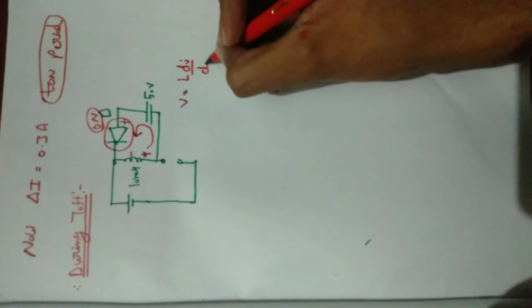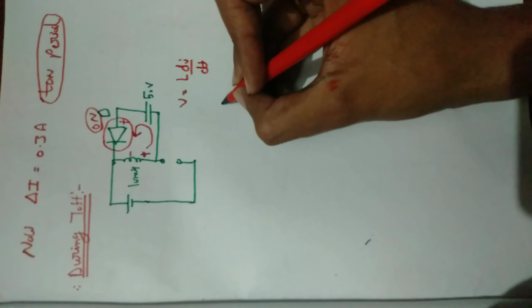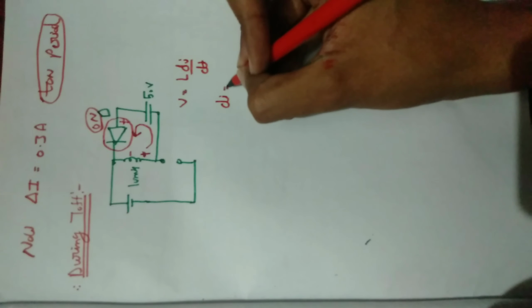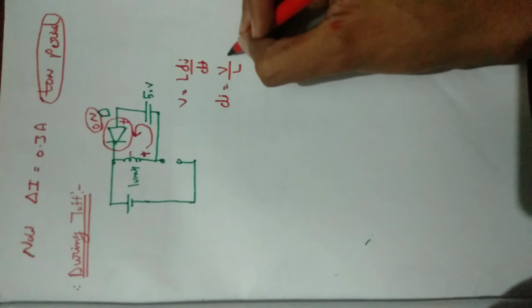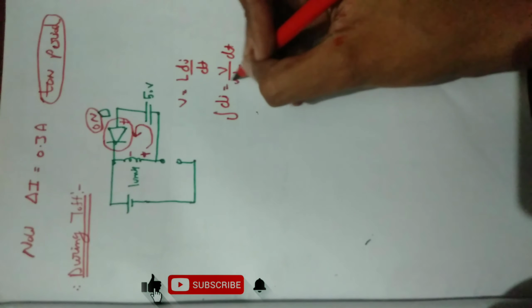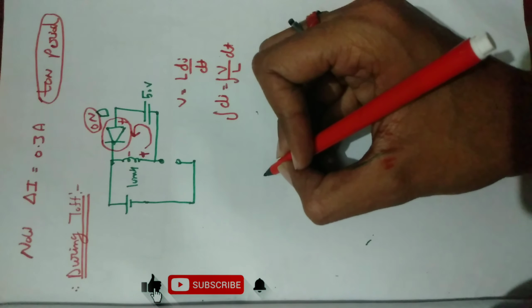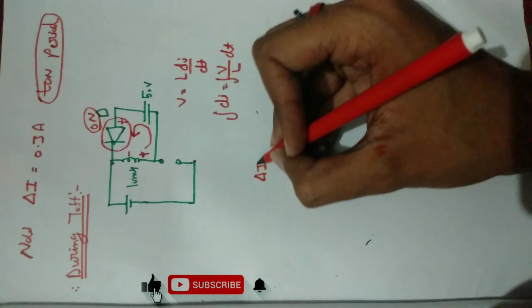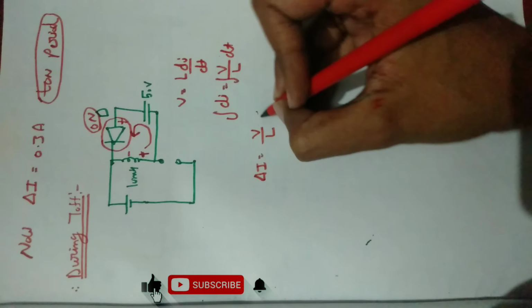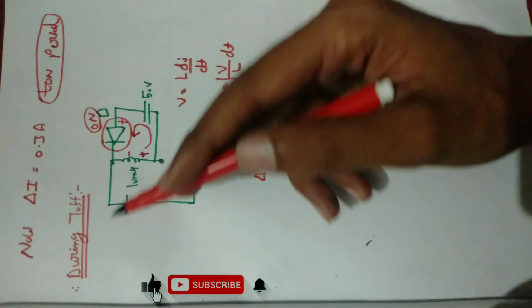V equal to L di by dt, so di equal to V by L dt. Integrating both sides, we get the same equation as earlier. Delta I equal to V by L times T off, because we are talking about the T off period.